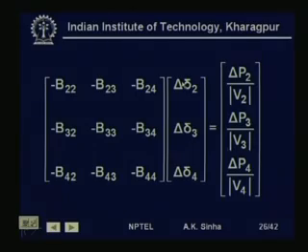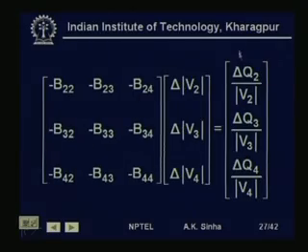Once we have got these values of delta, using this we will compute the elements of this vector, that is del Q by V vector, right, and since this matrix is already known, we will compute this by solving this equation.